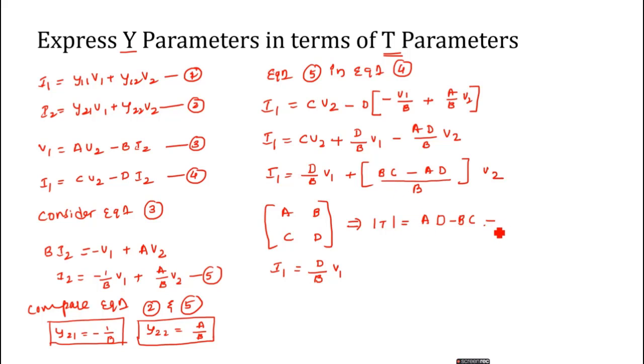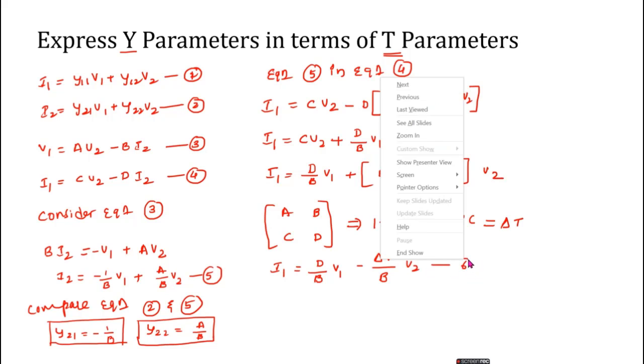Determinant of t, we can write this as delta of t, but we can see here it is minus of determinant of t, so I will write here minus of delta of t divided by b into v2. Call this equation number 6.